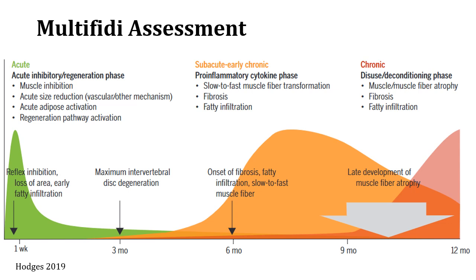The muscle and the muscle fiber type continue to atrophy, and the fibrosis becomes more progressive. And this is where you get into stage 1 and or stage 2 of the fatty infiltration, which we'll discuss. And this leads to a late development of muscle fiber atrophy and further cascade, perpetuating a cycle of disability around the lumbar spine.